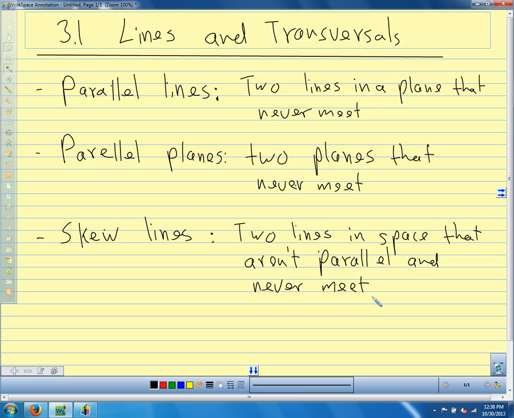They're not parallel, but they're never going to meet because one's downstairs and one's upstairs. If we thought of them being perfectly flat, we could think of an elevated portion of a highway. One road goes below, another road goes above. They never meet, but they're not parallel. So those would be skew lines.